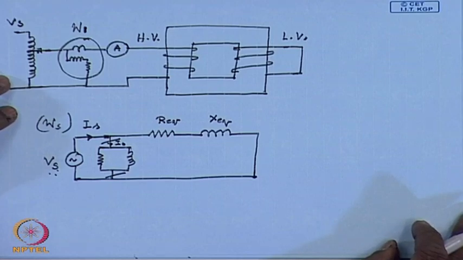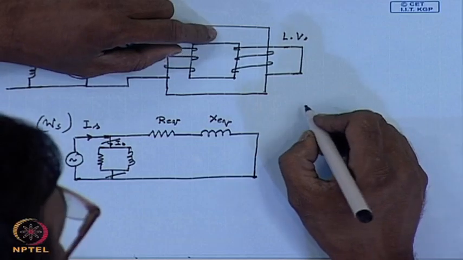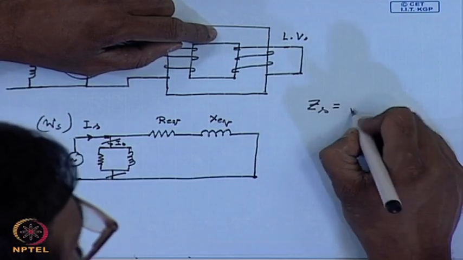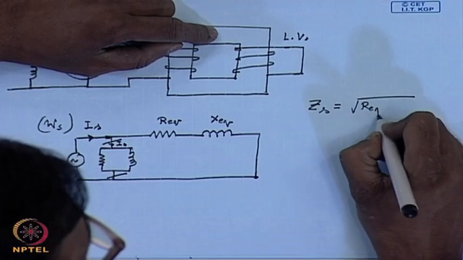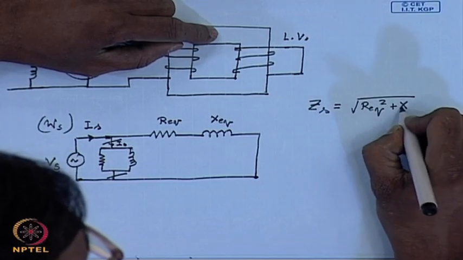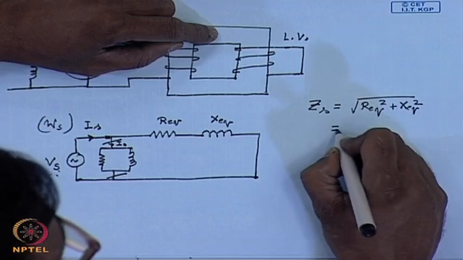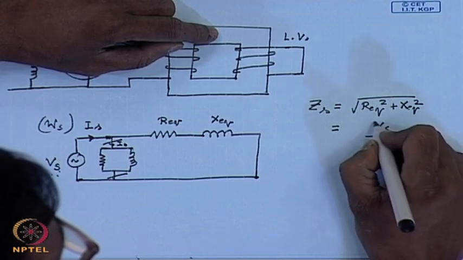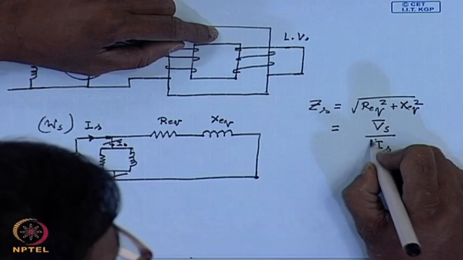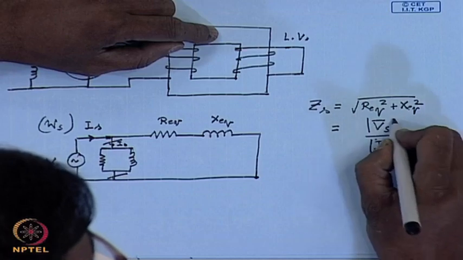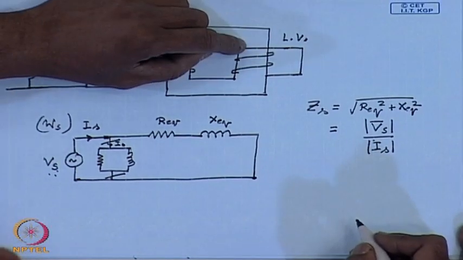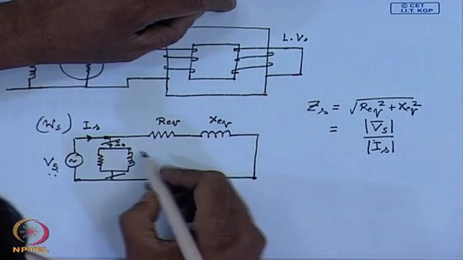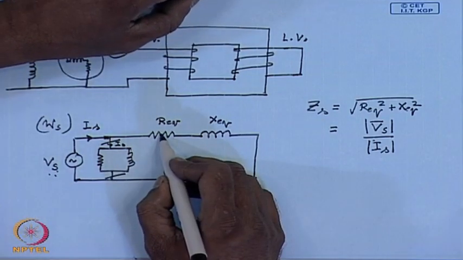Then we have a very simple relation: the short circuit impedance Zs equal to square root of Req square plus Xeq square is given by V short circuit divided by I short circuit. The power loss during short circuit is assumed to be entirely due to the series resistance.